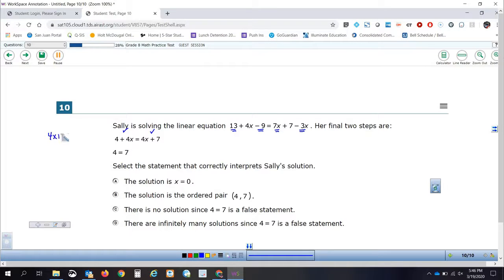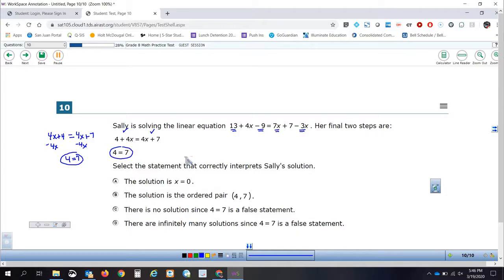But if I have 4x plus 4, I just switch these two around, equals 4x plus 7. If I take away 4x from each side, I get 4 equals 7. So I got the same thing that Sally did. The question is, what does this mean?